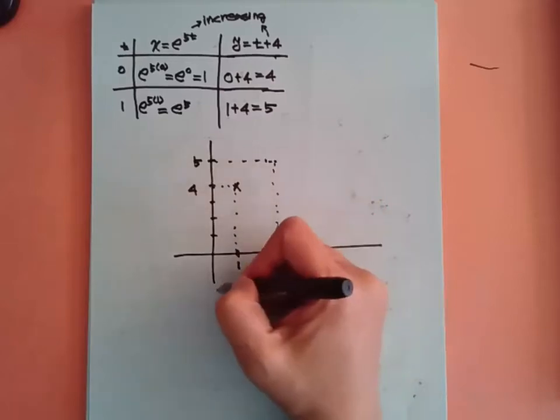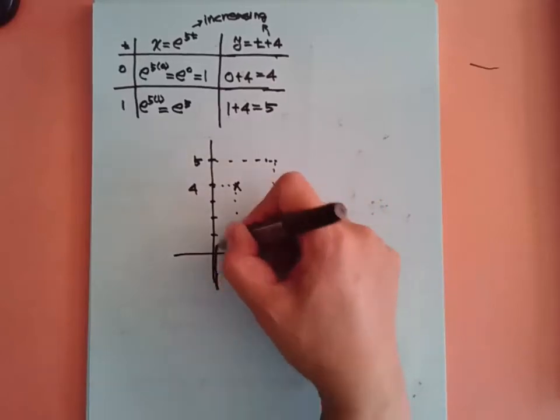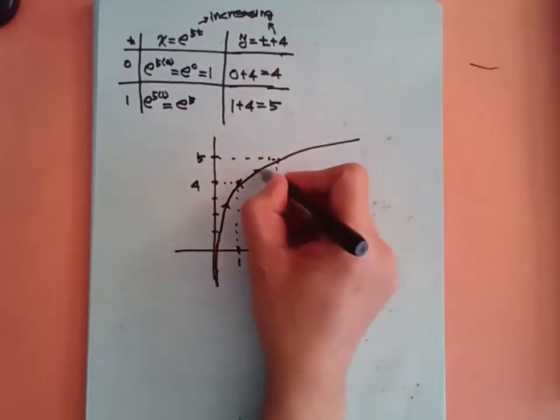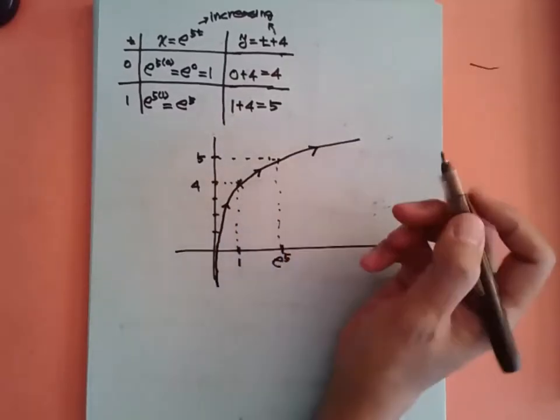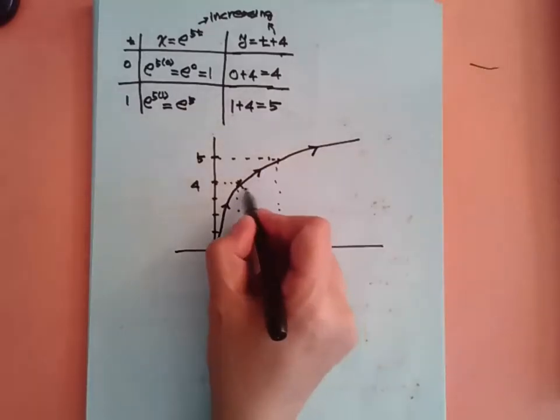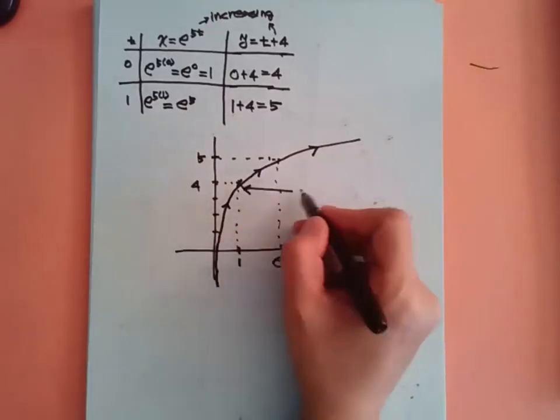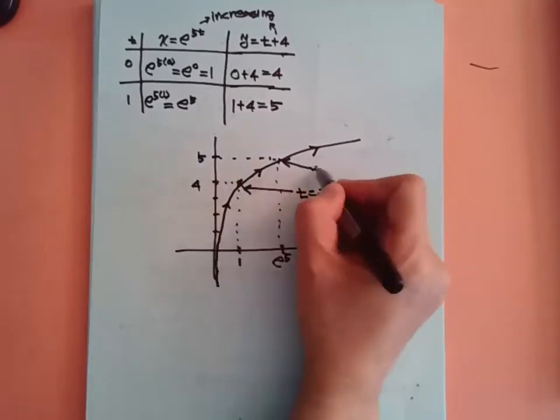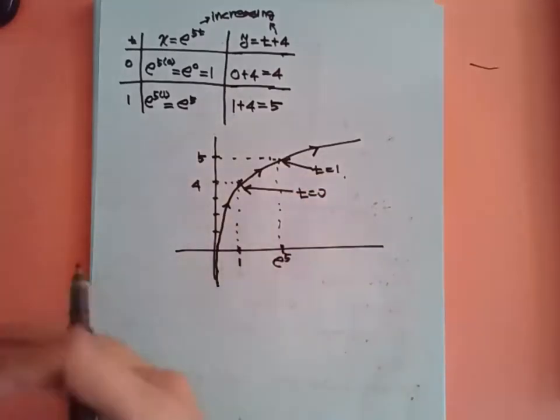So this is a vertical asymptote. It should pass through the 2 points, and the direction is obviously like this. This is the image when t equals 0, and this is the image when t equals 1. So that's the reason the direction goes like this. Any question?